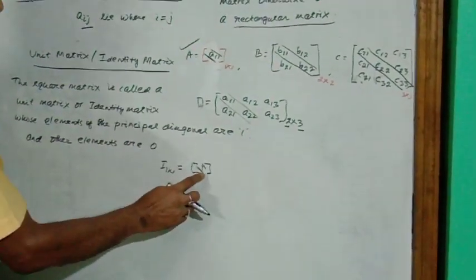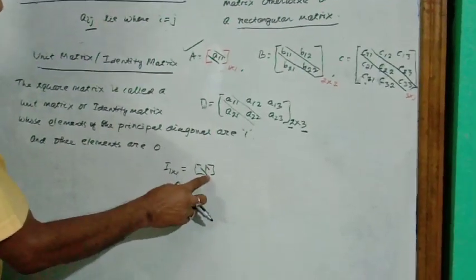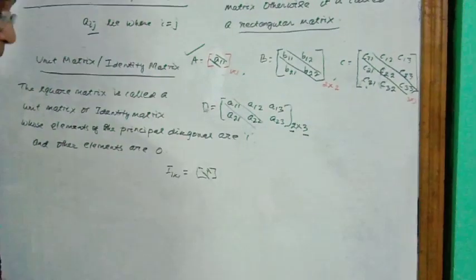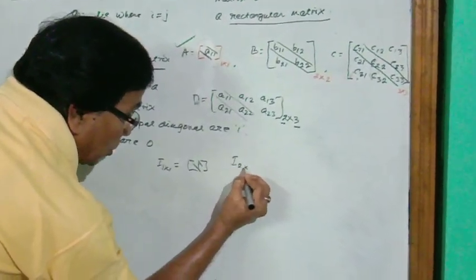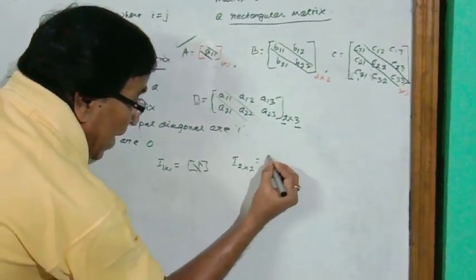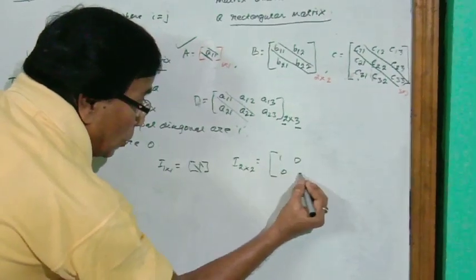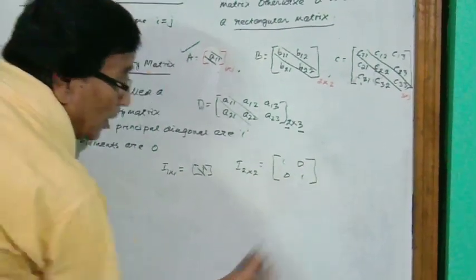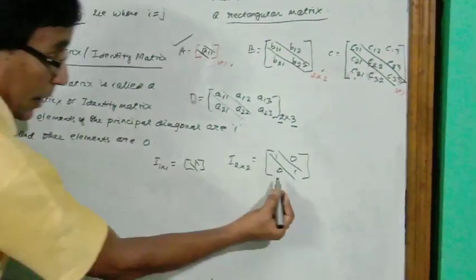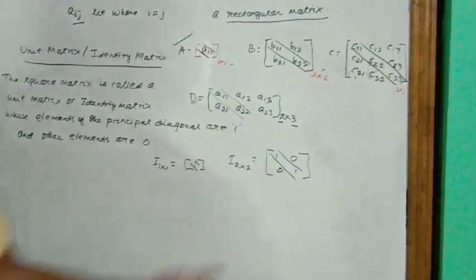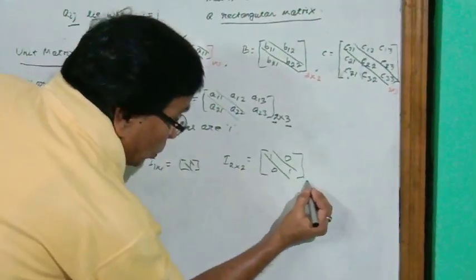Again similarly, if we construct an identity matrix of order 2 cross 2, then it is 1 0 0 1, because the elements of the principal diagonal are 1 and other elements are 0.